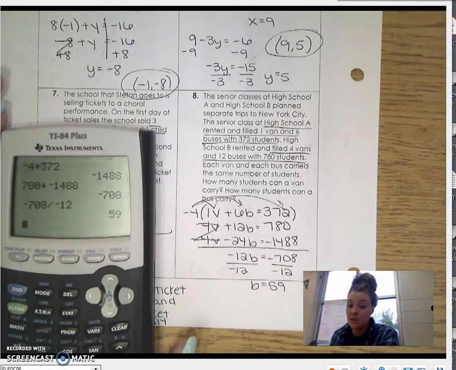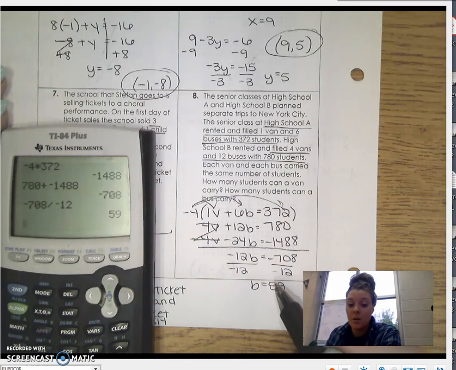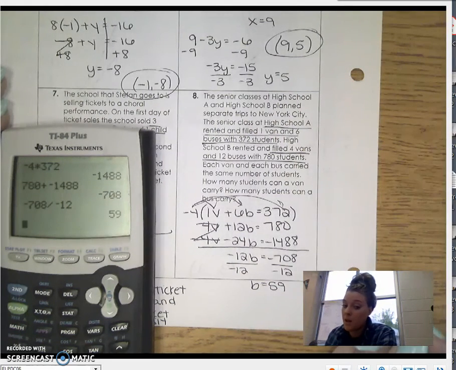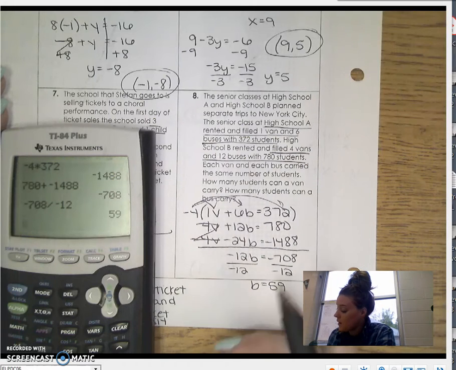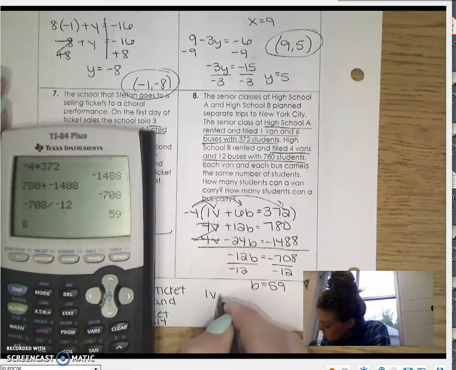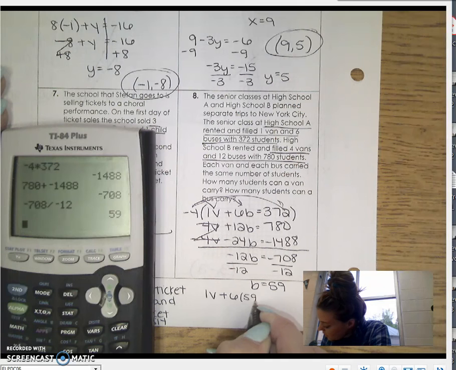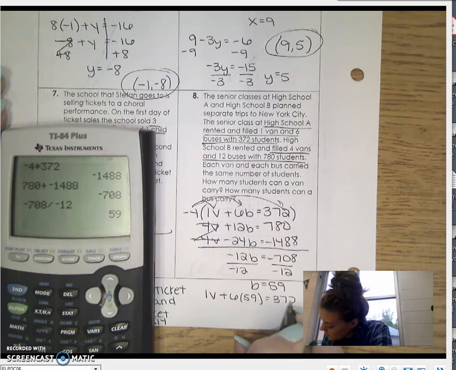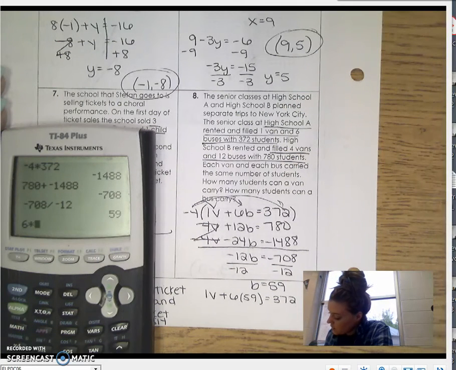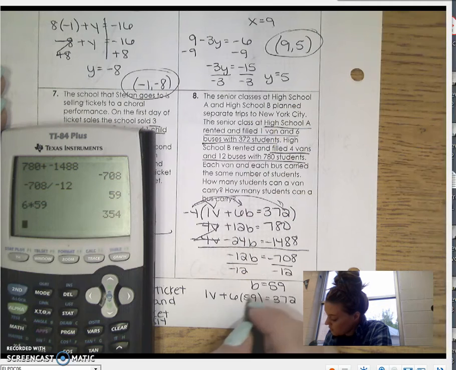So now we have to see how many the vans carry. I'm going to plug in or substitute this b equals 59 for b in my original problem, and I get 1v plus 6 times 59 equals 372. 6 times 59 is 354.